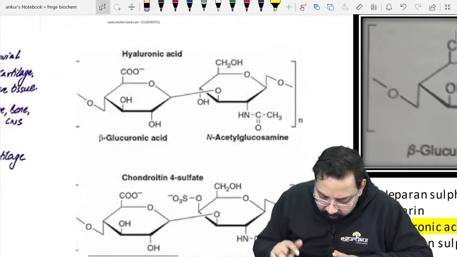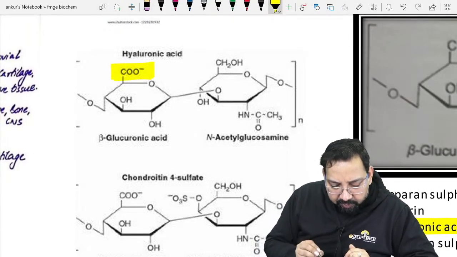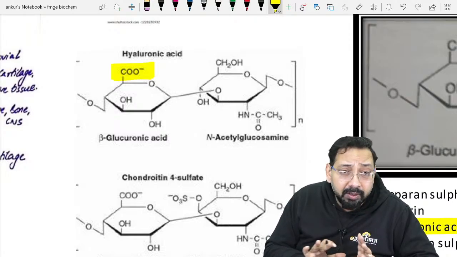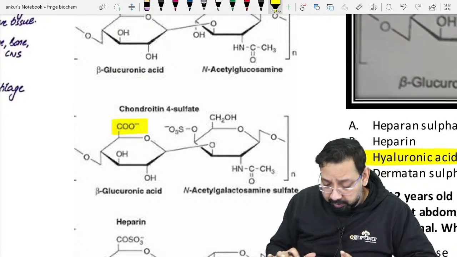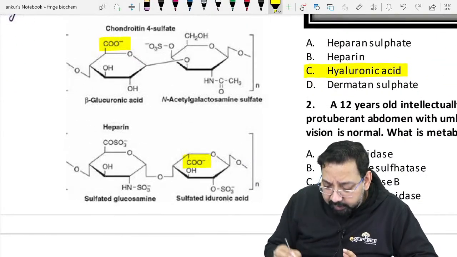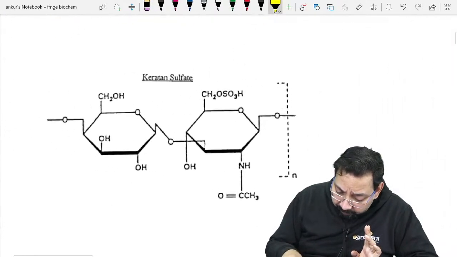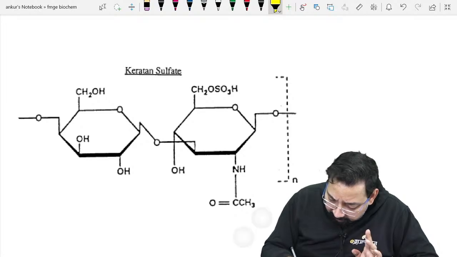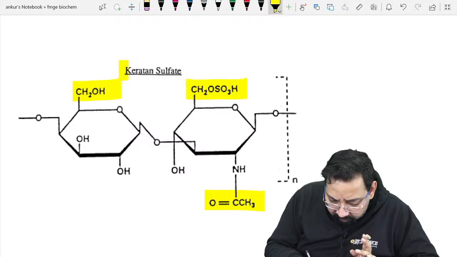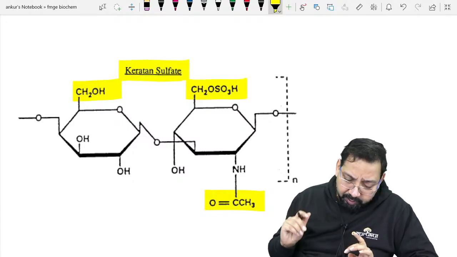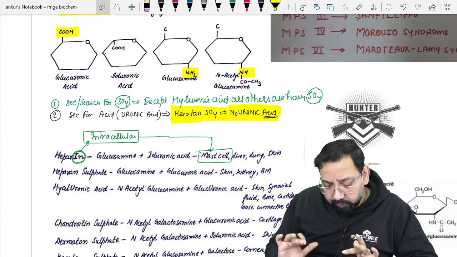If I ask you, this is the structure, acid is there, it can't be keratan sulfate. Acid is there, it can't be keratan sulfate. Now look at this. No acid. The answer is keratan sulfate. So if you remember these two points, you will find the answer.